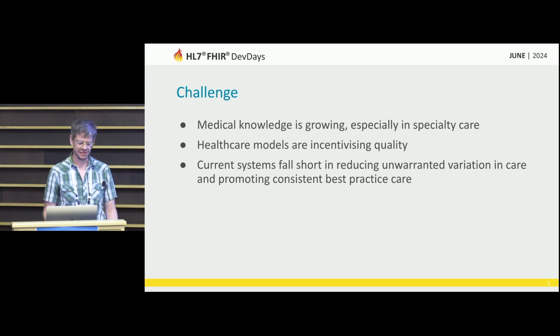We're finding that there's more and more emphasis on best practice guidelines in large organizations and smaller organizations to try to not only have the best outcomes for patients, but also have less variation and be able to control the costs.